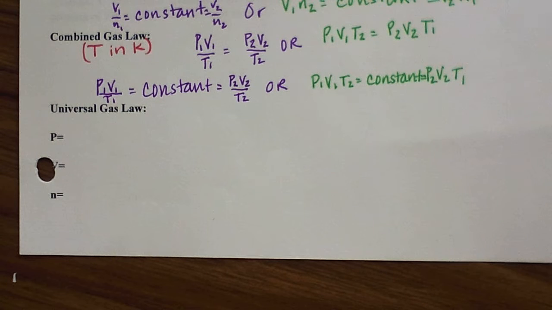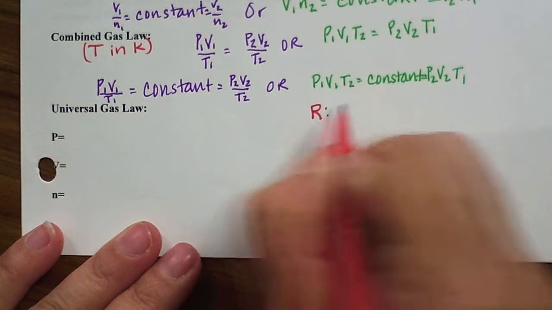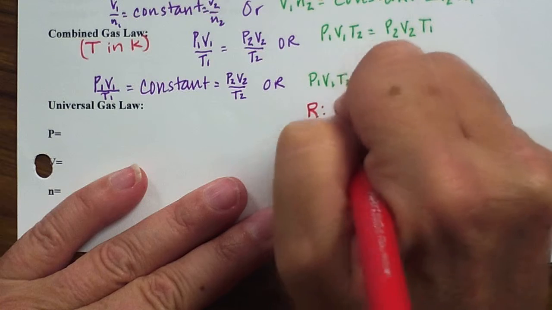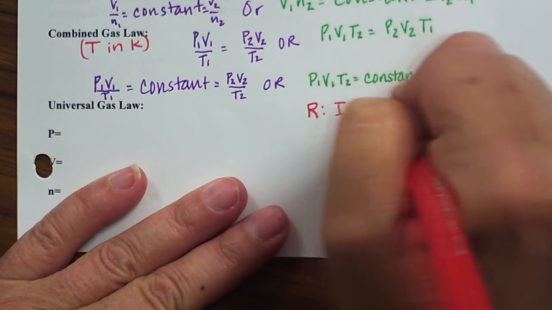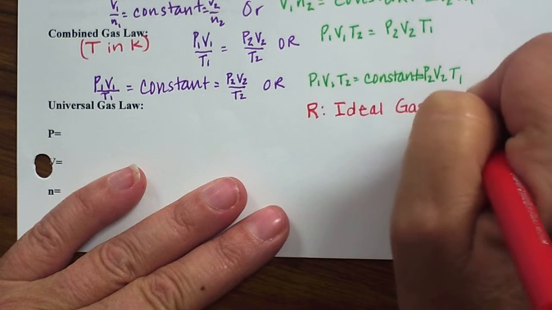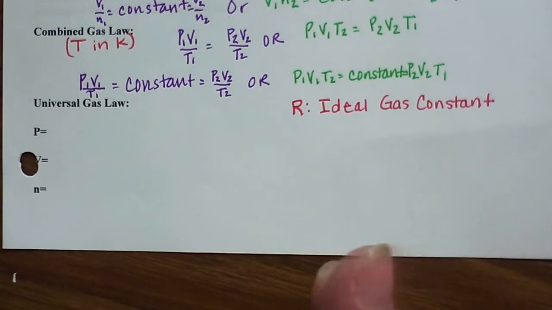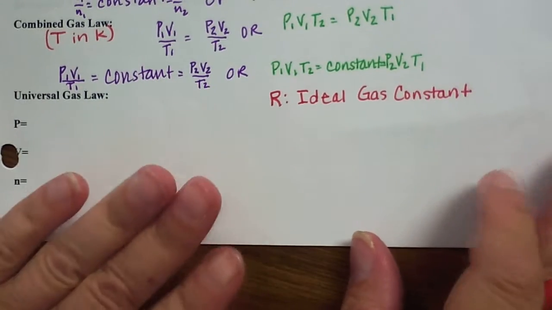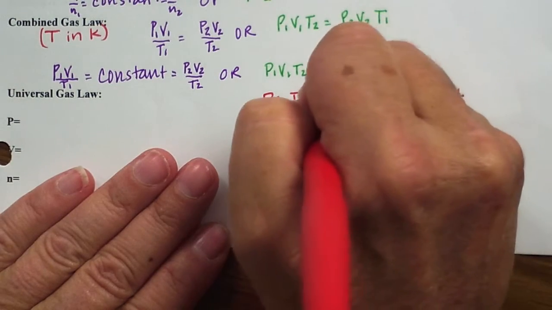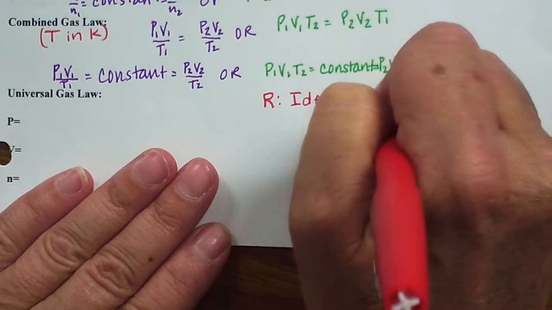Universal gas law. The universal gas law, R, is the ideal gas constant. Now, there are many of these, depending on the units that you use. We still use the same one. The one we use is 0.08206.